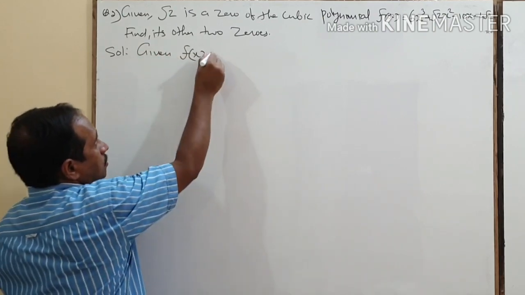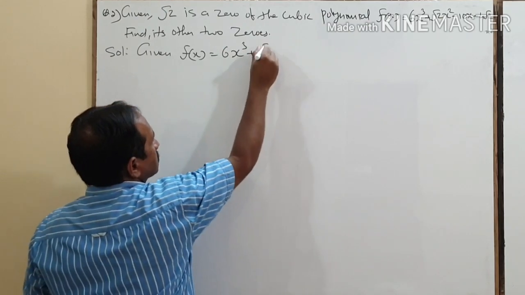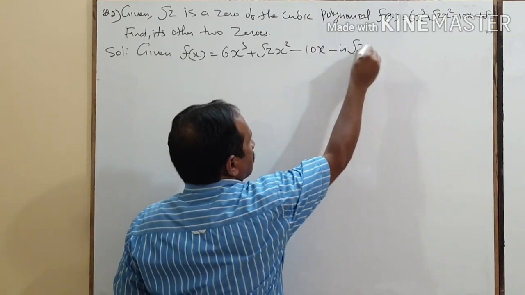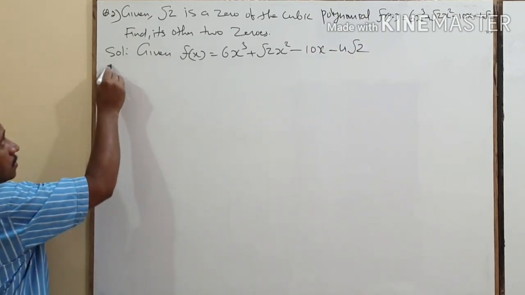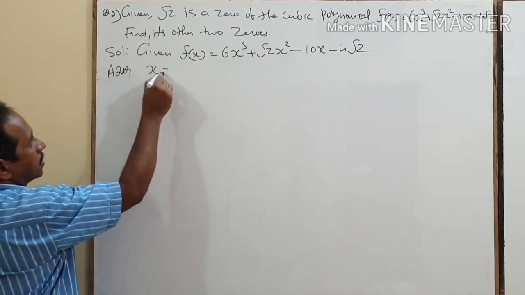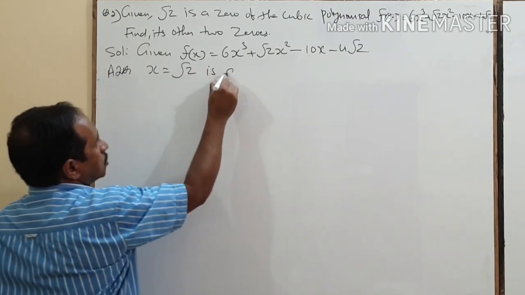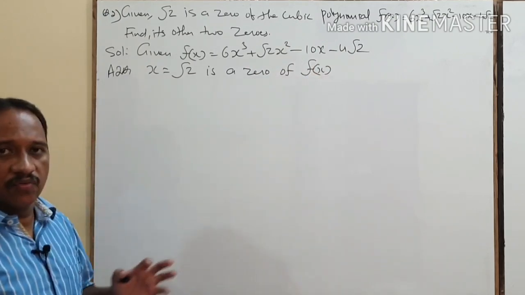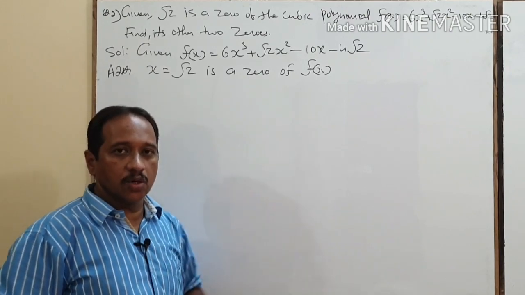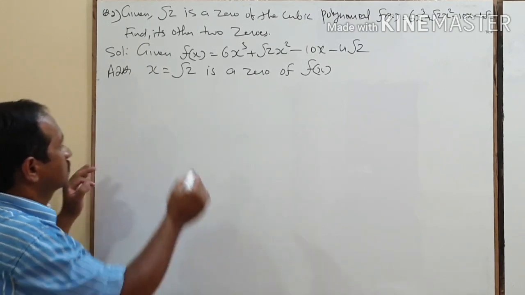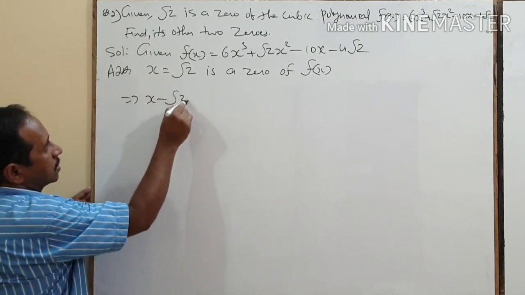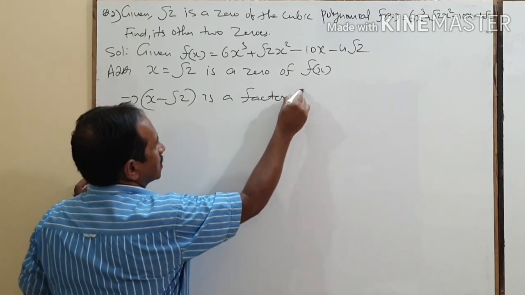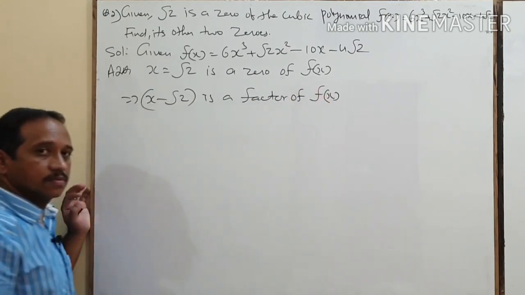Given f of x is equal to 6x cube plus root 2x square minus 10x minus 4 root 2. According to question, x is equal to root 2 is a zero of f of x. We are given 1 zero. From this zero, we can write one factor of f of x, that gives x minus root 2 is a factor of f of x.